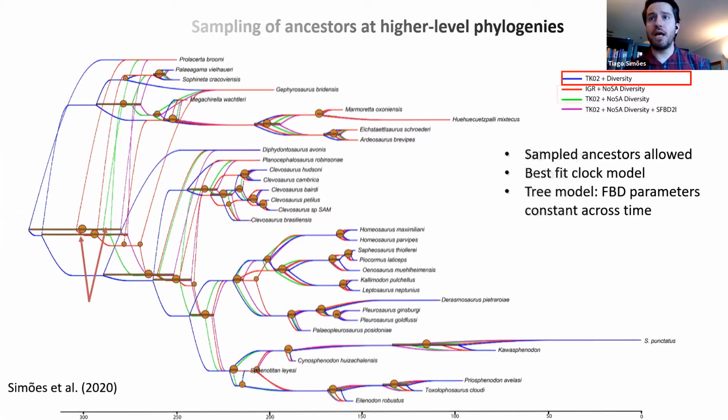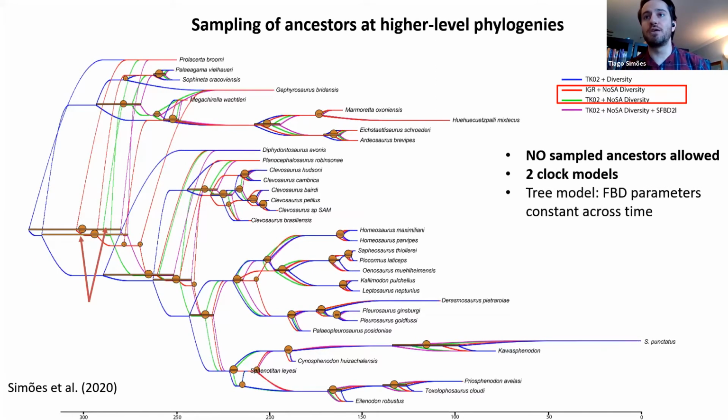However, if we constrain the assumption, removing fossils from being ancestors and making them exclusively tips, and there are many reasons why we would assume so for this data set, it's a very small sampling of taxa over 200 million years.